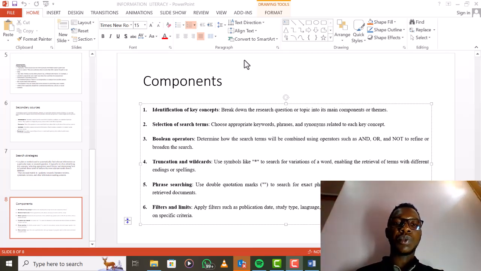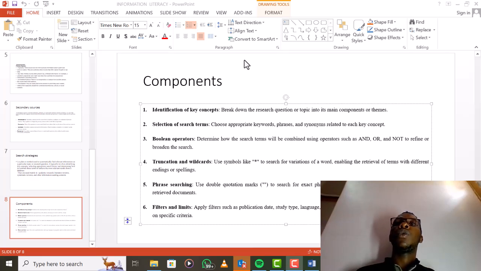And then there is truncation and the wildcard. Use symbols like the star to search for variations of words, enabling the retrieval of terms with different endings or spellings. Yeah, because these are usually used if you're not sure of the spelling of a certain word.